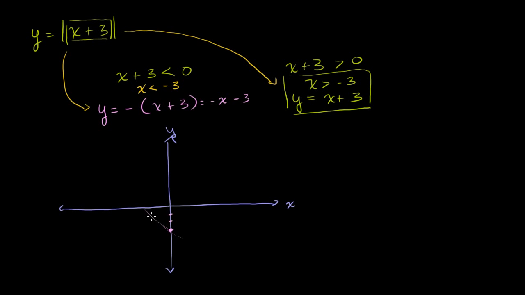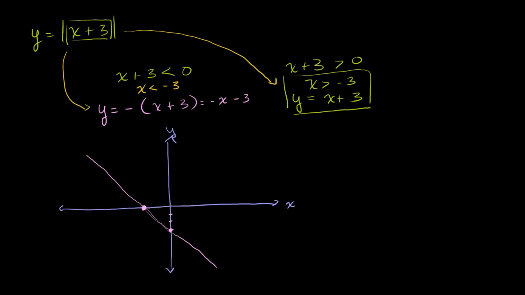The x-intercept would be at, if you say y is equal to 0, that would happen when x is equal to negative 3. So it's going to go through that point right there. And the graph, if we didn't have this constraint right here, would look something like this. That's if we didn't constrain it to a certain interval on the x-axis.